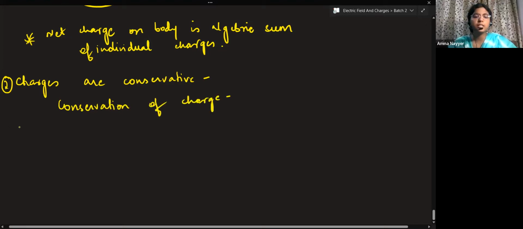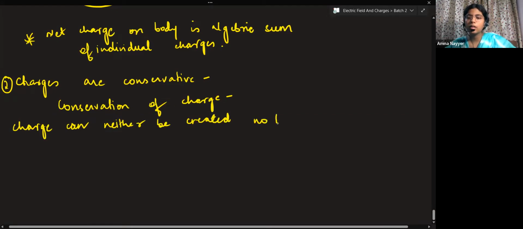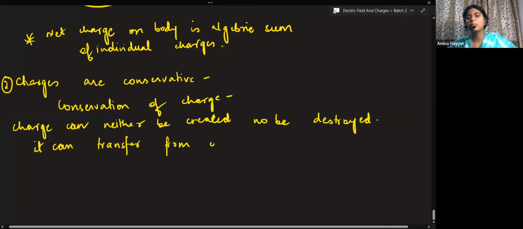This means charge can neither be created nor be destroyed. Why? Because if I say a body is positively charged, it doesn't mean that it has destroyed the negative charges present in it. What happens? Transfer of electrons occurs. So charge can transfer from one body to another.